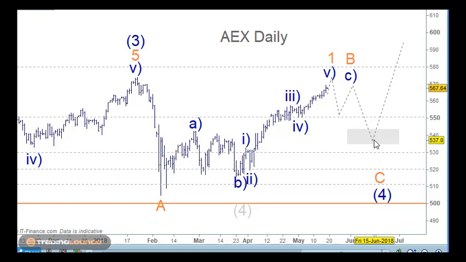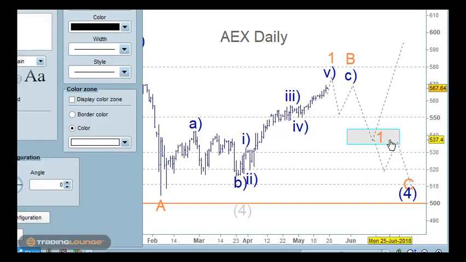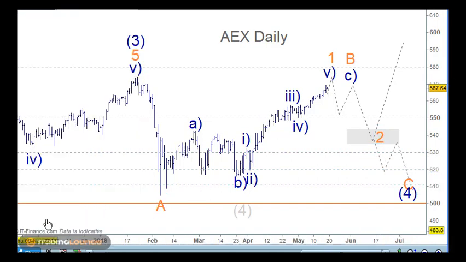It'll either move up from there, or we'll continue the C wave moving down in 5 waves for the C wave here as such. So either way, I'll just grab that one there and pop that there as wave 2. So either way, once this 5 waves is completed here, then we need to be looking at the downside.